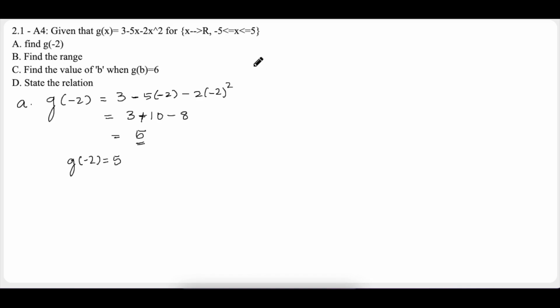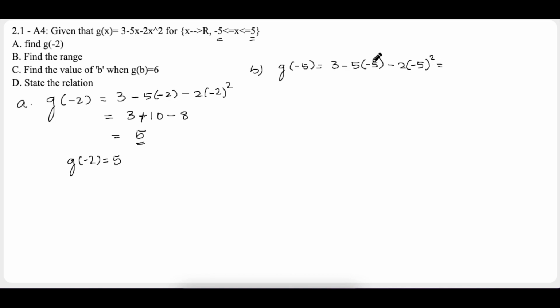Now coming to B. Find the range. So we need to find the range for x from minus 5 to plus 5. So the domain is minus 5 to plus 5. We will start with g of minus 5. We substitute minus 5 in place of x. So 3 minus 5 times minus 5, minus 2 times minus 5 the whole squared.